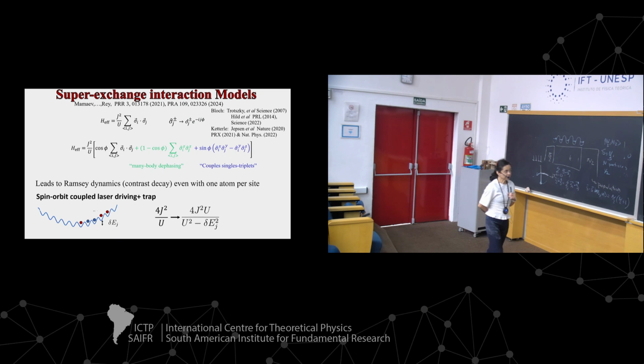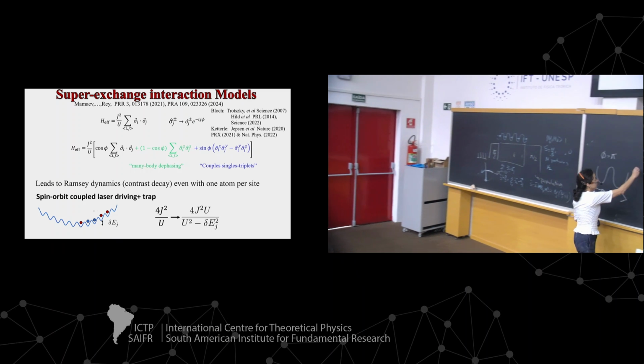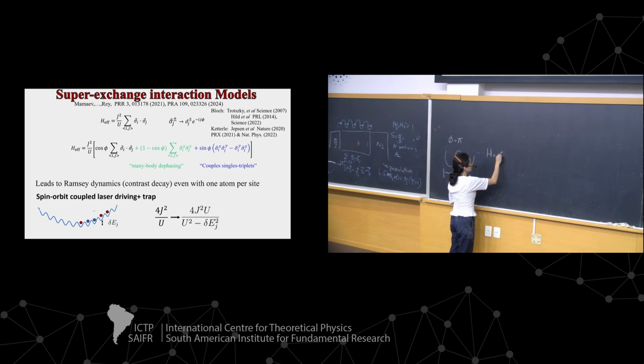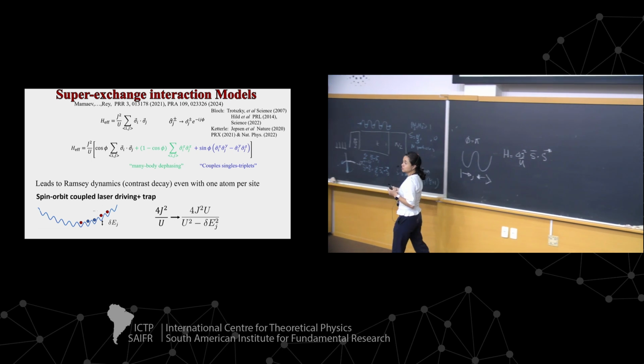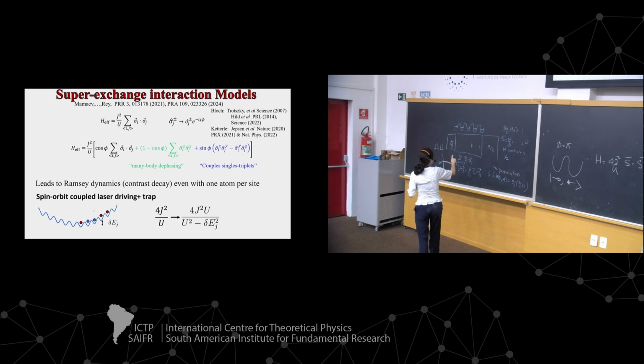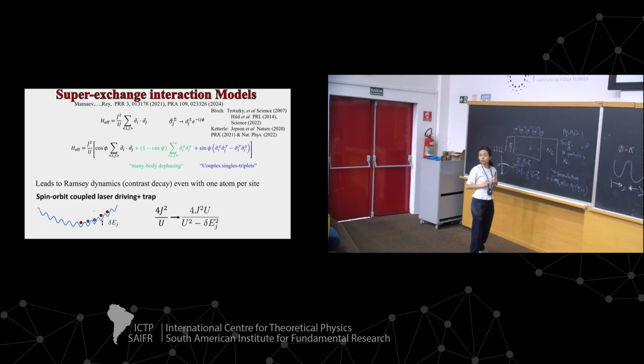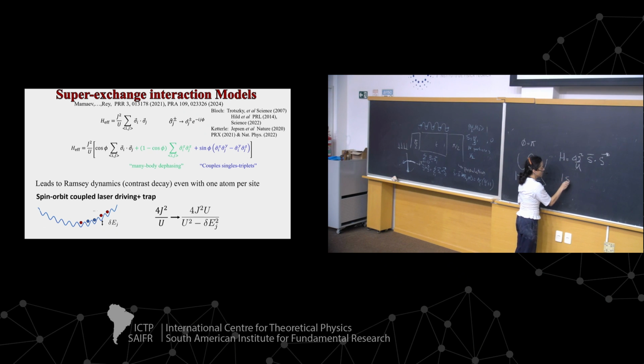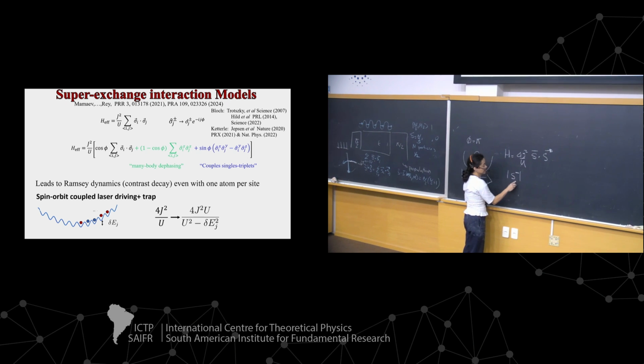Now, in this basis, if I have a Hamiltonian that is 4J squared over U, S dot S, then what I want to ask you is, if I do this protocol of Ramsey spectroscopy, and what I measure at the end of the protocol is the length of the spin, S minus.